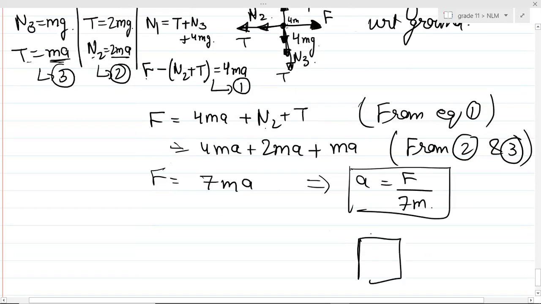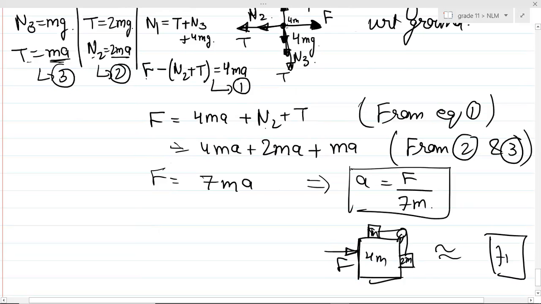So when it was accelerating with a common acceleration, you can assume m, 2m and 4m, this whole thing to be a common block of mass 7m with a force F, and this thing is going in this direction with an acceleration of a. Are you getting my point, guys? So you can assume this thing like this. Anyways, now F is equal to 7ma, all this is done.